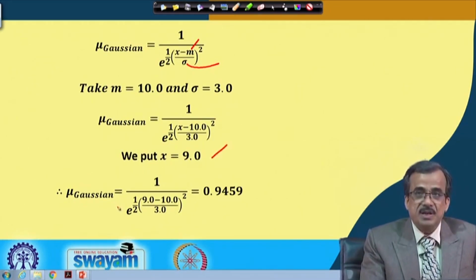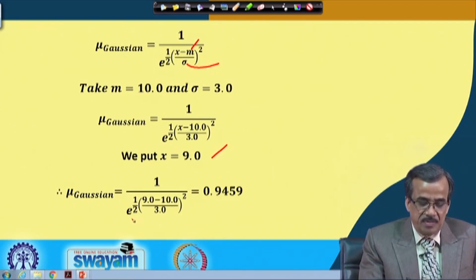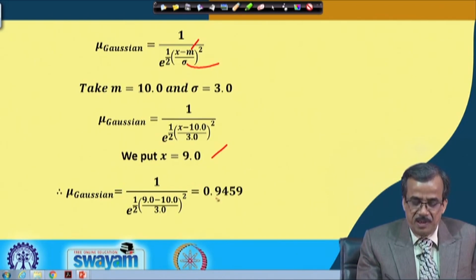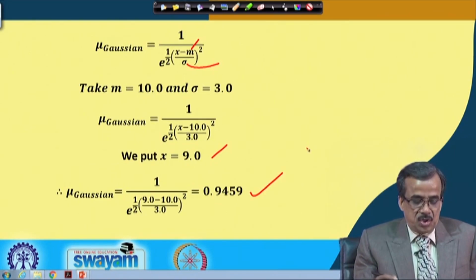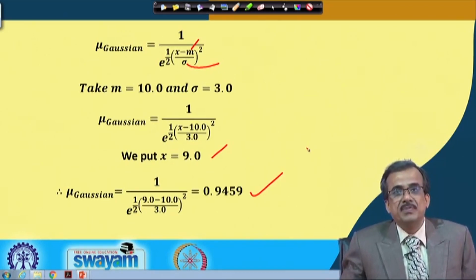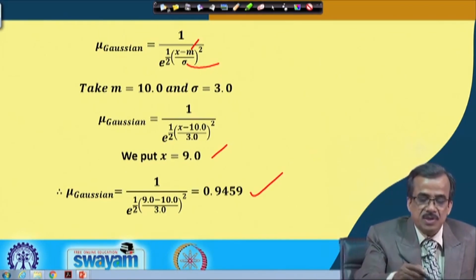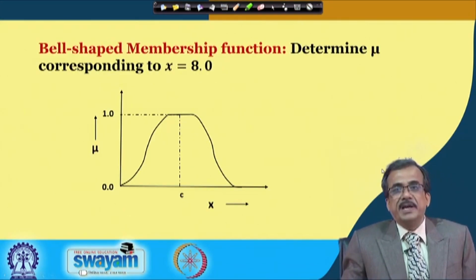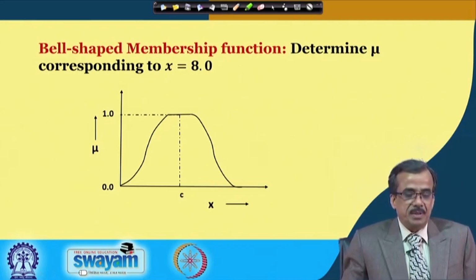Then mu Gaussian is nothing but 1 divided by e raised to the power half ((9.0 minus 10.0) divided by 3.0) square, and if you simplify you will be getting 0.9459. So, we can find the value of the membership function corresponding to the Gaussian distribution. This is how to tackle the Gaussian distribution.